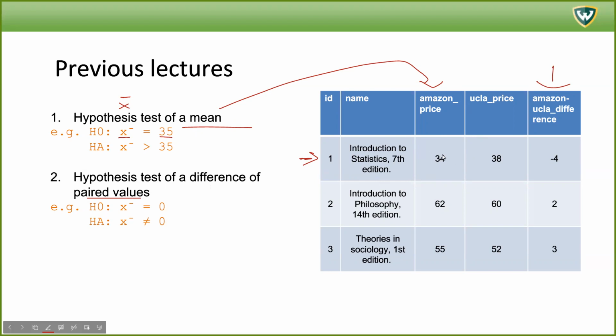So in a sense, it's the difference of two variables, but we then just apply a one-mean test of the new variable that we created, the difference between the two. Therefore, the hypothesis test is usually testing whether or not this variable equals zero. And what does that mean? Well, if it's zero, that means there's no difference between them. And if it's different than zero, then the difference is either negative or positive.